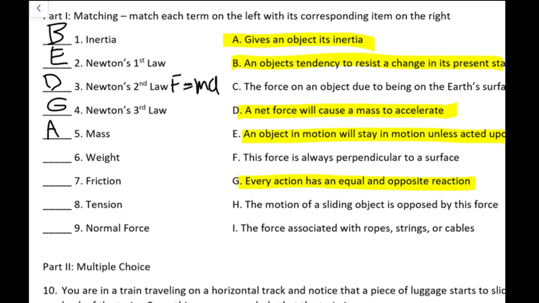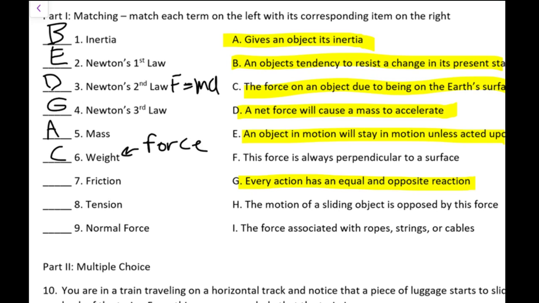When we talk about the difference between mass and weight, weight is a force. Mass is a property of matter. Weight is the force that an object has due to being on the Earth's surface. So weight is a force. And then friction, tension, and normal force are all forces.